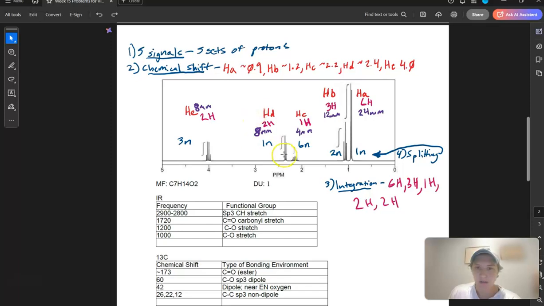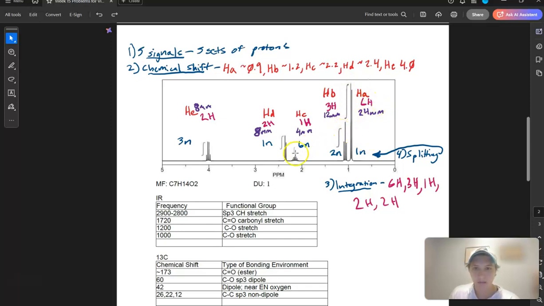We got good numbers that add up to the hydrogens that we're meant to have per the formula. So divided the smallest by itself and by the rest of them, so 4 divided by 4, 1 hydrogen, 8 divided by 4, 2 hydrogens, 12 divided by 4, 3 hydrogens, and then 24 divided by 4, we have 6 hydrogens here.